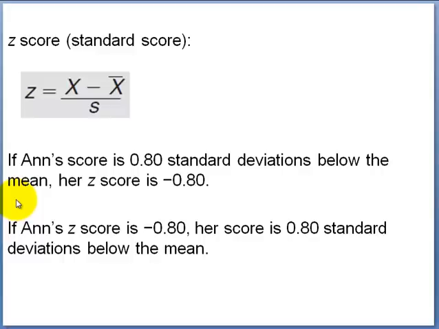So for instance, if a score is 0.8 standard deviations below the mean, the z-score for that case is minus 0.80. And switching the language around, if a z-score is minus 0.80, that conveys to us that that score is 0.80 standard deviations below the mean.